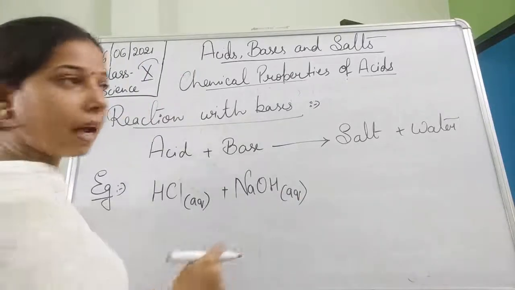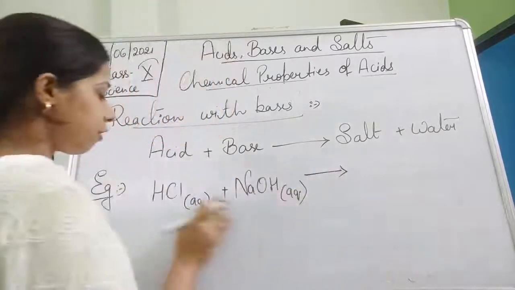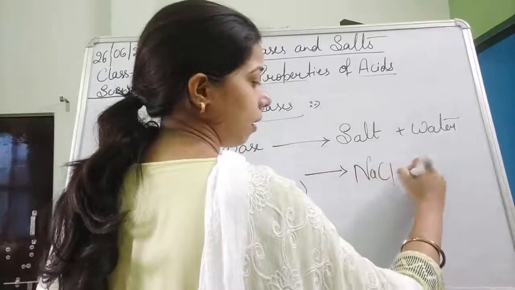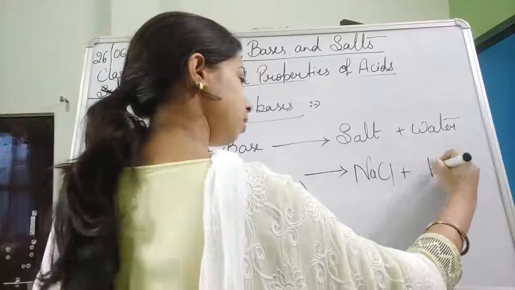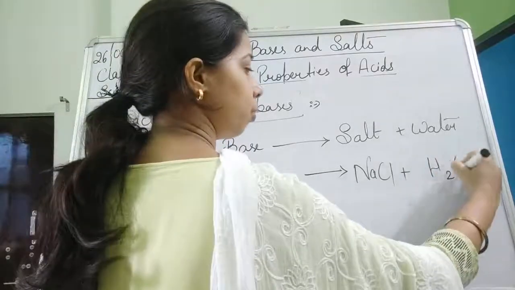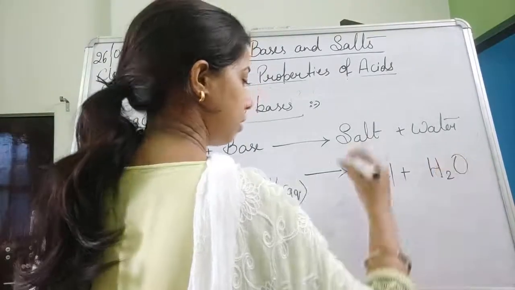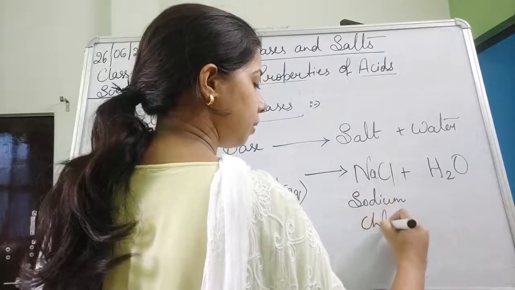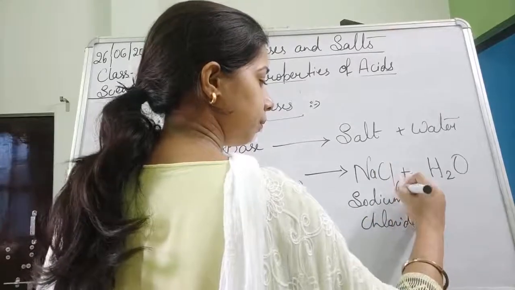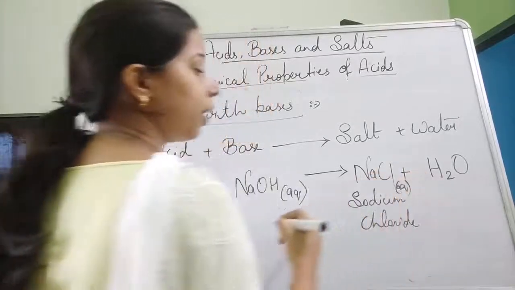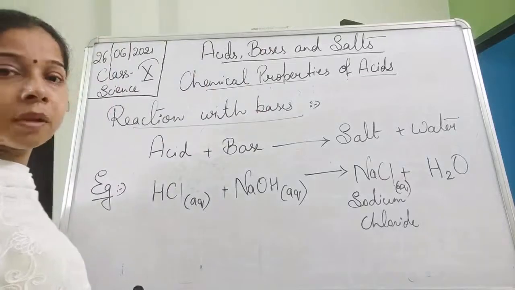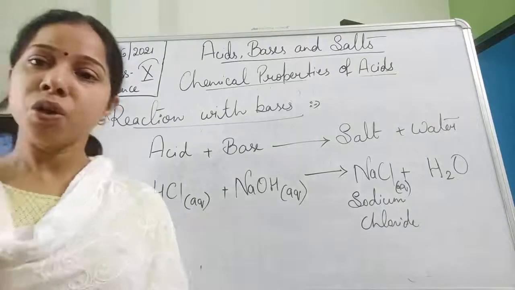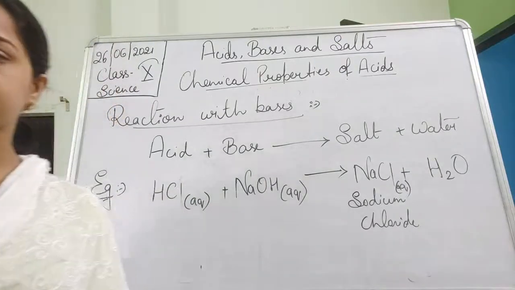When both of them react together, there is a formation of sodium chloride, NaCl, plus water, H2O. This is sodium chloride. So when an acid reacts with a base, there is a formation of sodium chloride.